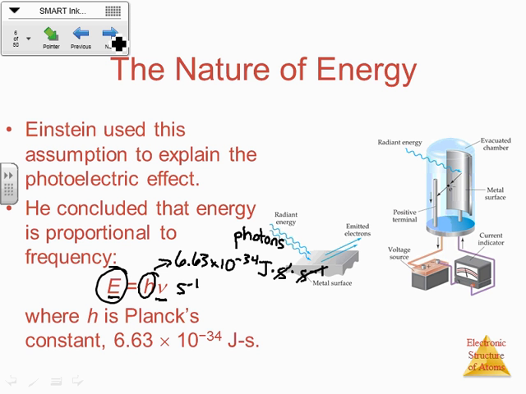Einstein basically said we can calculate the energy of a photon of light based on its frequency. He said those two things are related. So a photon of red light is always going to have less energy than a photon of blue light, that sort of thing.